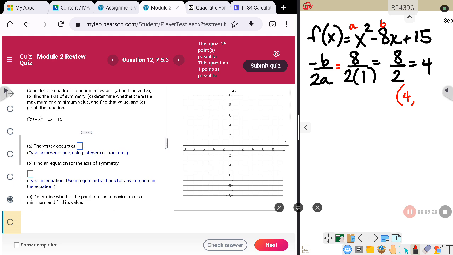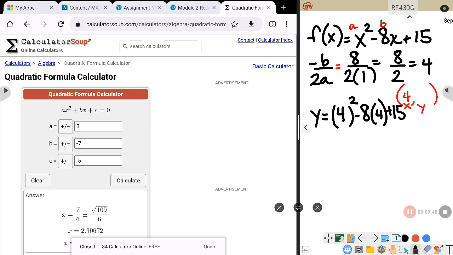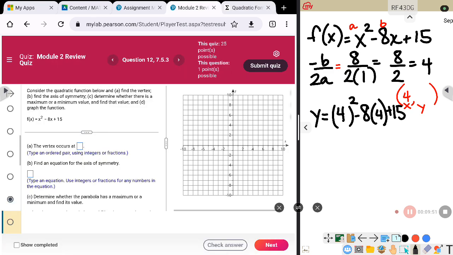Now, in order to find the y, I will replace the x's in the function with what I now know x is, which is 4. So I'm going to have 4 squared minus 8 times 4 plus 15. Then I would put that in my calculator.